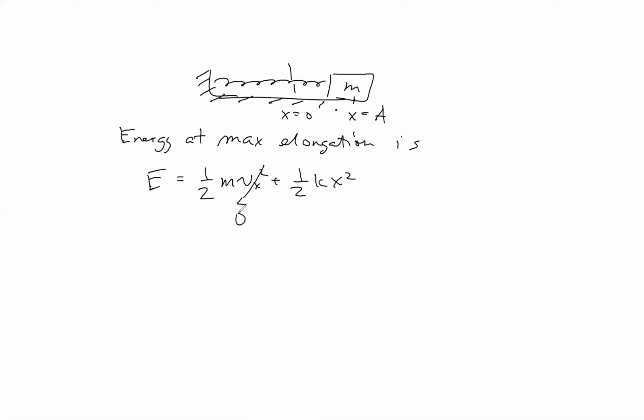Here, the velocity is going to be 0. When it reaches the farthest point out, it comes to rest briefly, and then the mass starts to slide back towards the center, and x is going to be equal to A at that point.